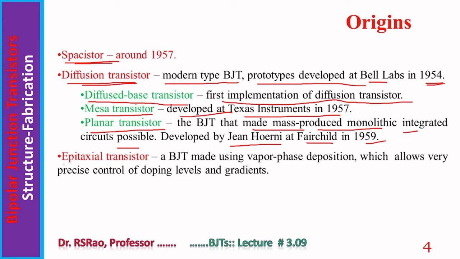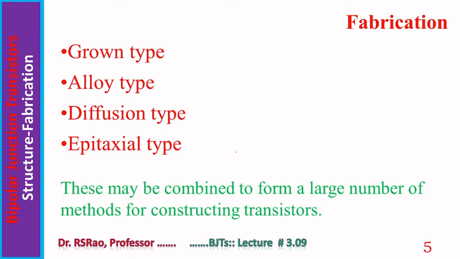Next, we move to the epitaxial transistor, a BJT made using vapor phase deposition, which allows very precise control of doping levels and gradients. Now, we move to the present.